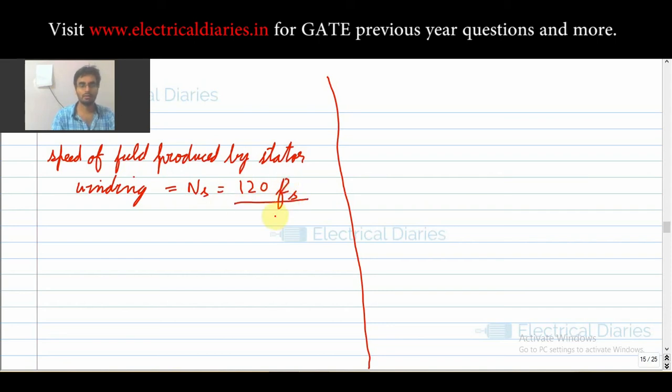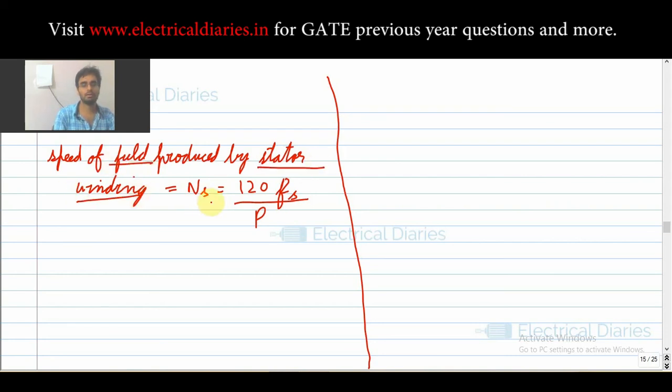It matters in which orientation the winding is done, so that a certain number of poles are created. That is a manufacturing criterion. So that is the speed of the stator field that we have to remember.